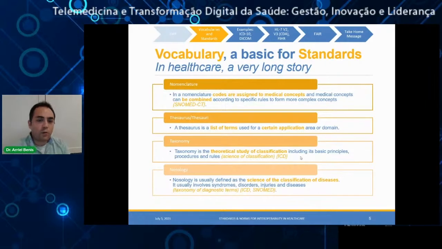So when we are talking about the EHR, we need also, and we want to talk about, vocabularies as standards.